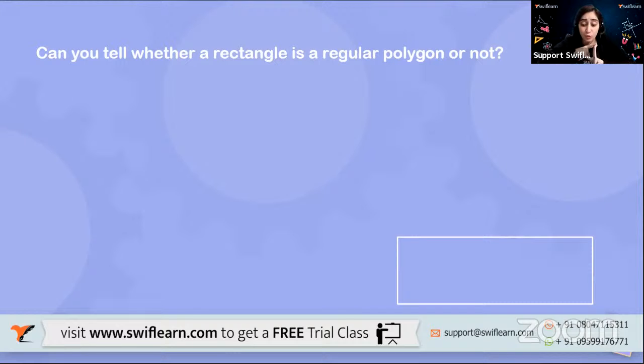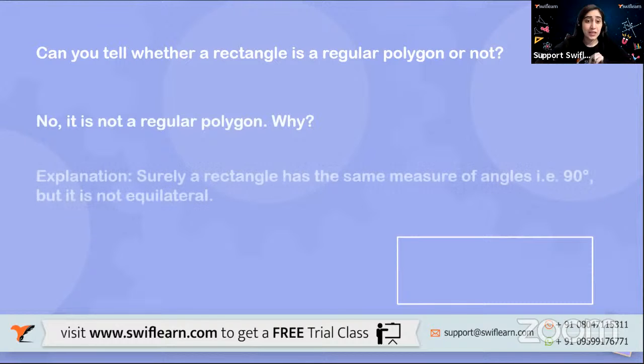Whereas in a rectangle, only the opposite sides are equal. In that case, we'll say that it is not a regular polygon. Surely a rectangle has the same angle measurement, that is 90 degrees, but it's not equilateral. All sides are not equal. So that's why it's not a regular polygon.